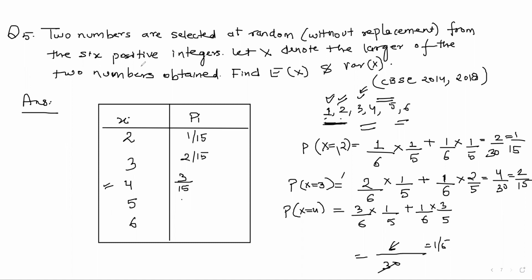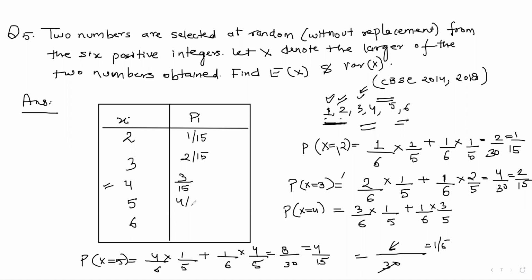So 5 and 6. Okay. For P(x is equal to 5), that means on the first one, we get a number 1, 2, 3, or 4. So 4 by 6, and now the remaining number is 1 by 5, plus 1 by 6 into 4 by 5. So it is 8 by 30, so 4 by 15. Clear, Nabil?